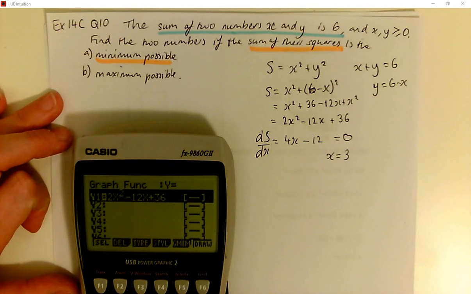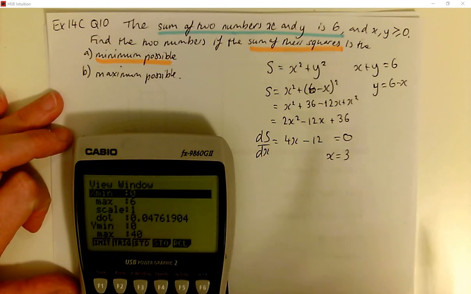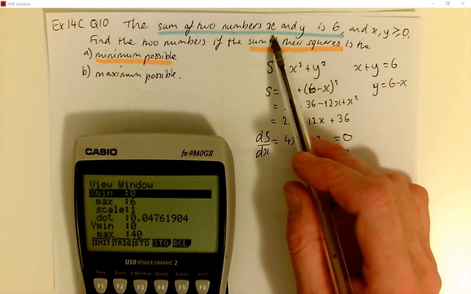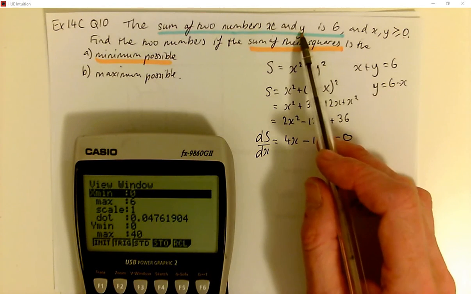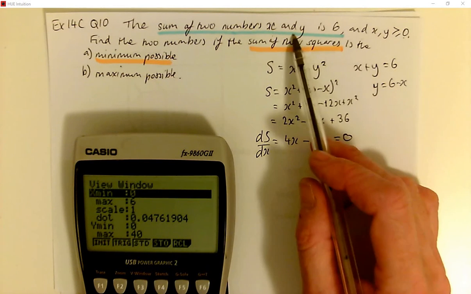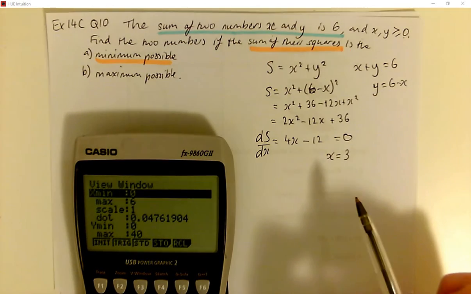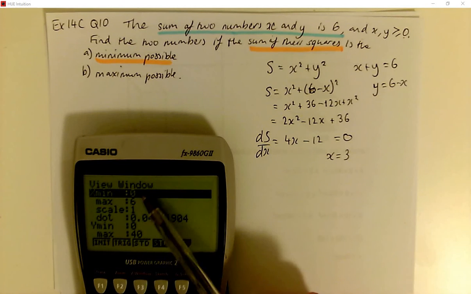In my view window, I can't go smaller than 0, but if x was 0, then y would be 6. Then x could be anything up to 6, but not more than that, or otherwise y would be negative. So we only want x from 0 up to 6.